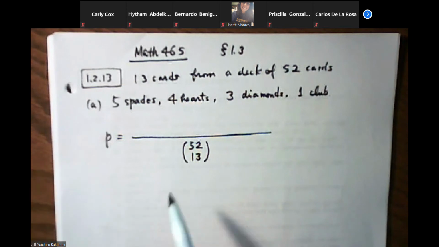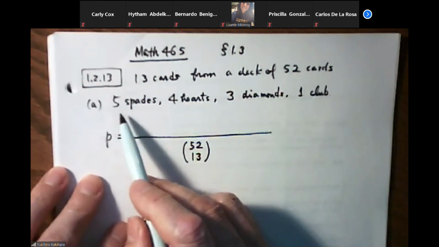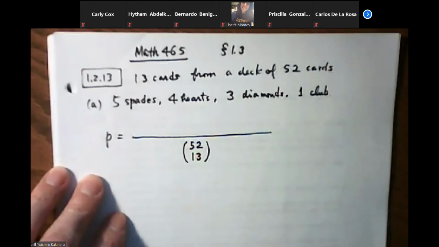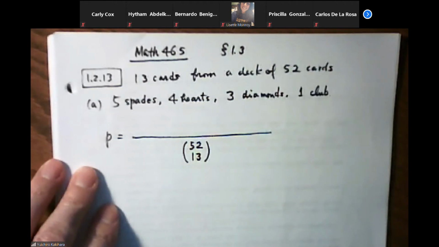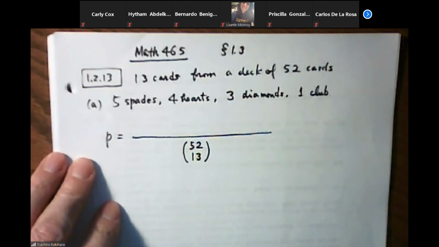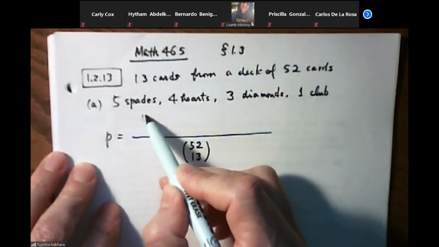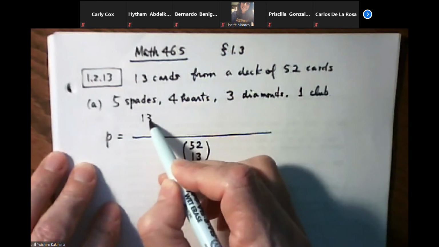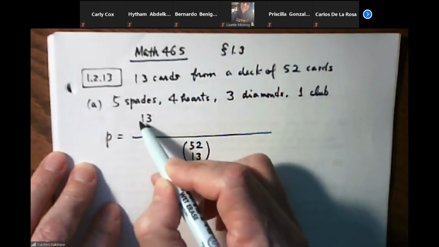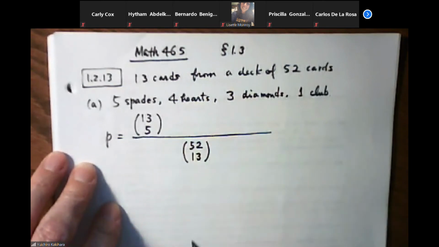Now for the numerator. We have to choose 5 spades. How many such ways? From 13 spades, we are choosing 5. Out of 13, we are choosing 5. So this is the number of ways, right?